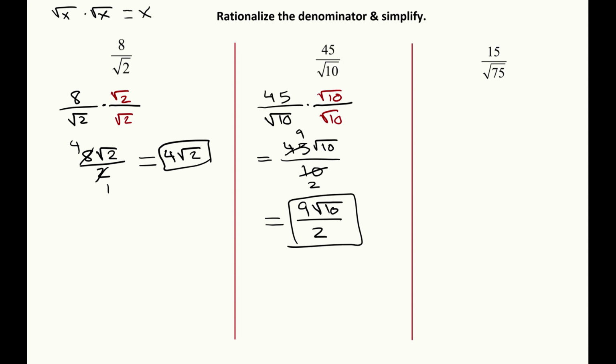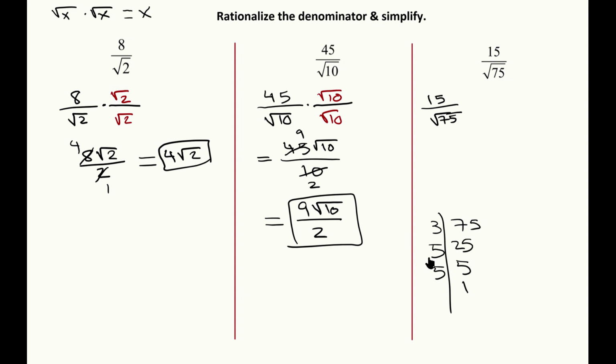Now this next one, we have 15 over square root of 75. I do notice that if I look at the prime factorization of 75, I start with 3 because 7 plus 5 is 12, which is divisible by 3. When a number ends in 5, you always want to try 3 before you move on to 5. So we get 25, and then I know 5 goes into that 5 times, and again 5 will give me 1.